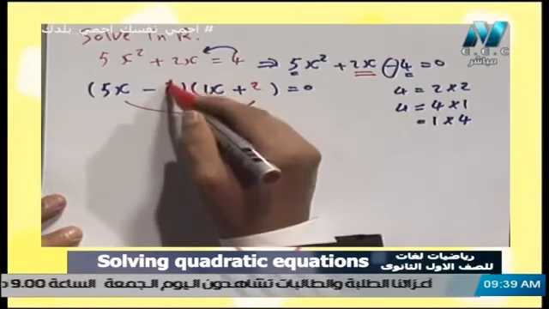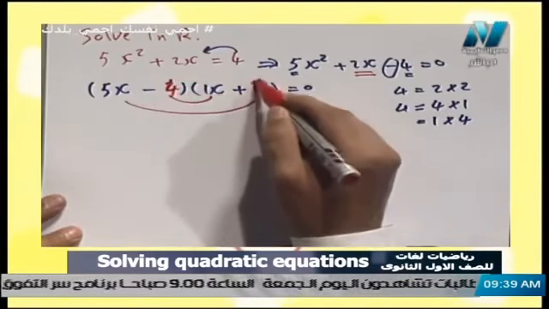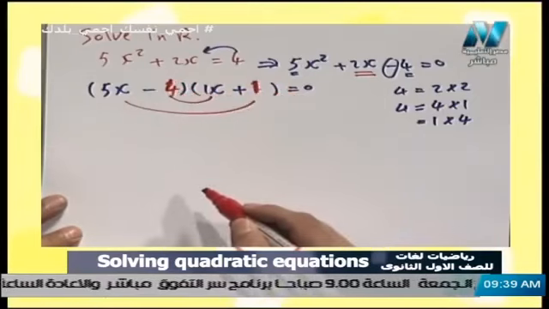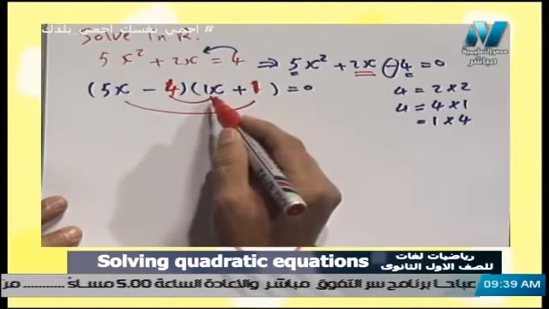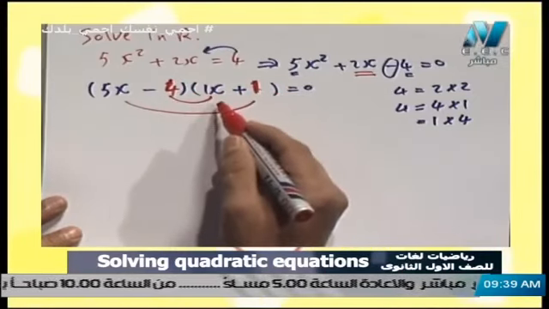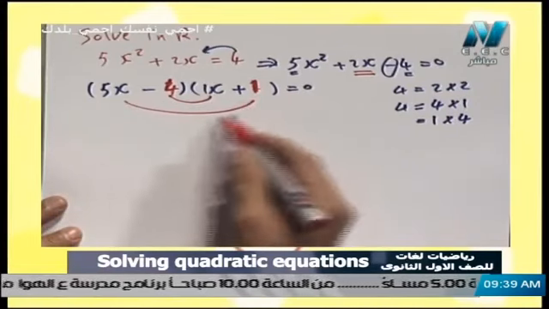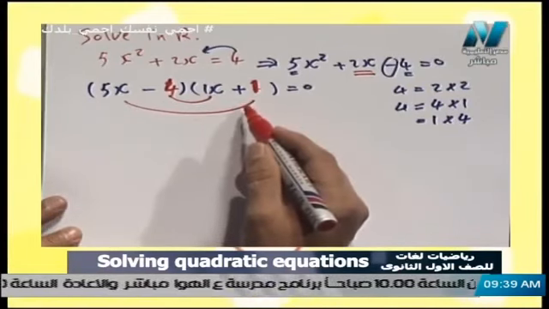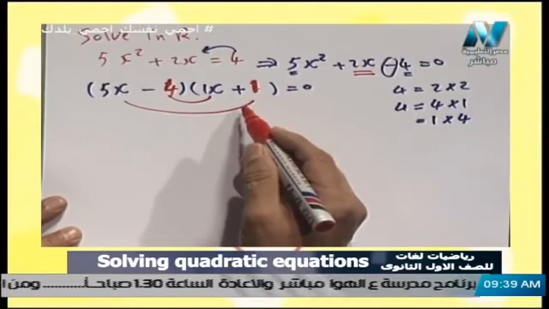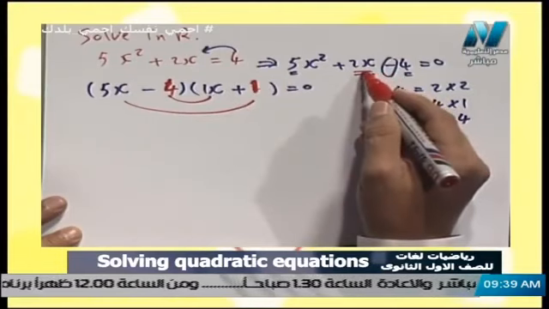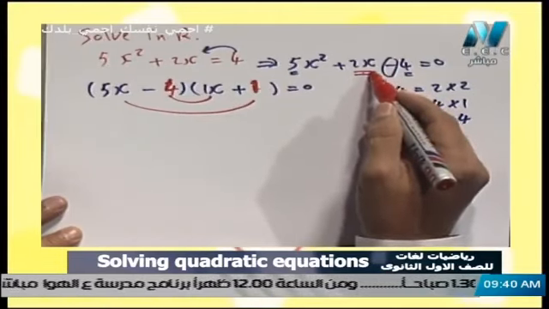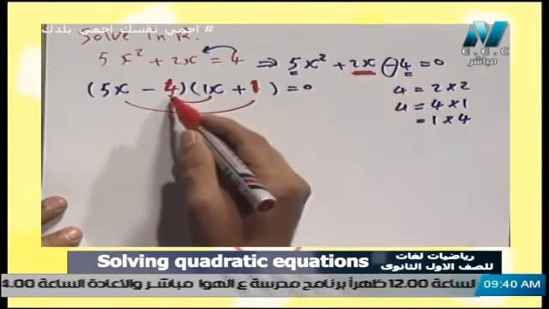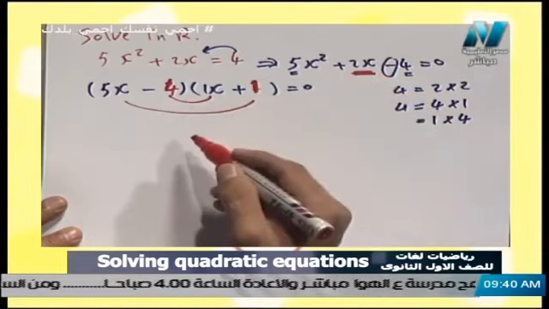Put it 4 multiplied by 1 and check. The product of means equals negative 4x and the product of extremes equals 5x. By adding each other it will be positive 1x, and it's false. So the solution here will not be 4 multiplied by 1.